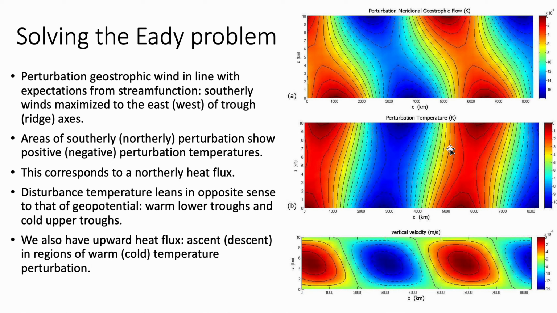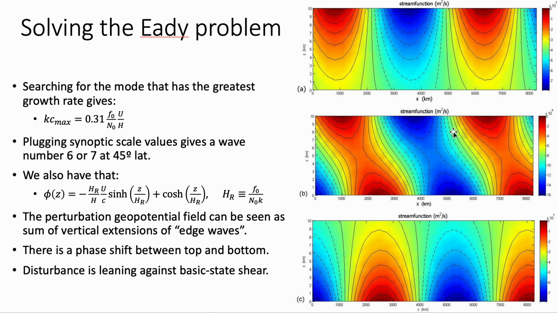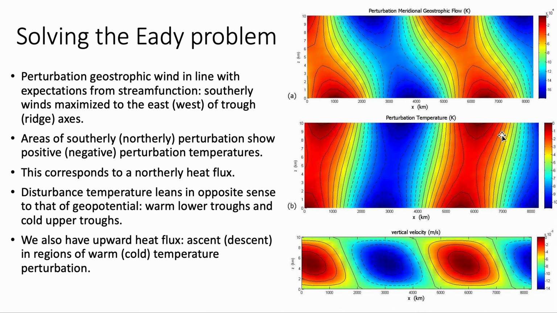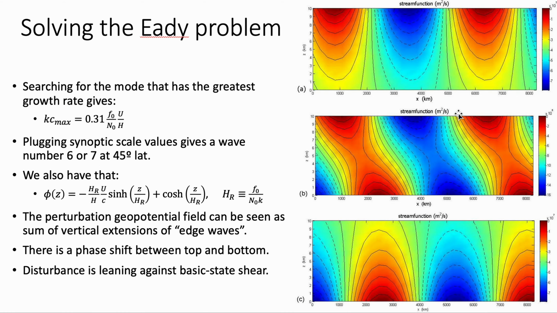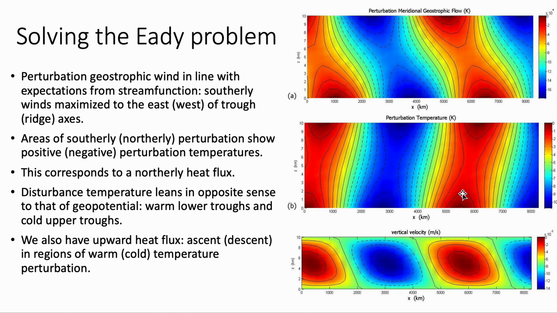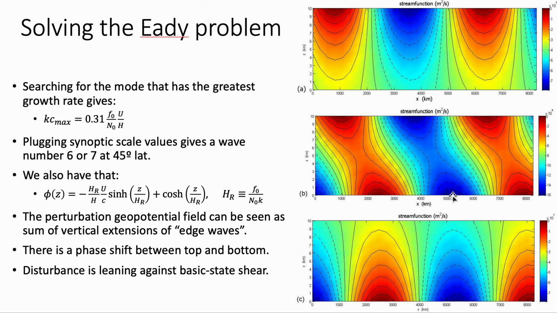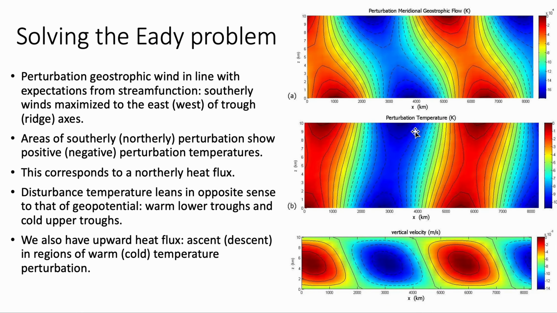Okay, and so this means that there's an area of warm temperature that is associated with positive values of the stream function, and at the low level, warm temperature is associated with flipped sign of the stream function, and something similar happens with the negative perturbation temperature.